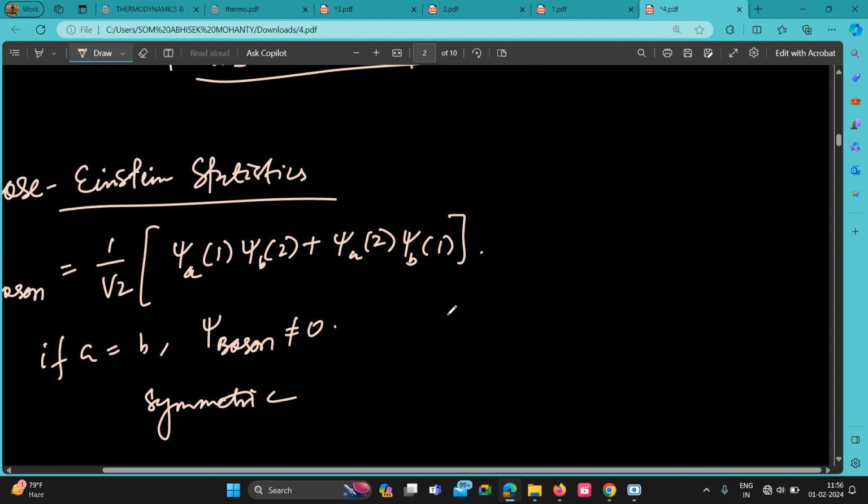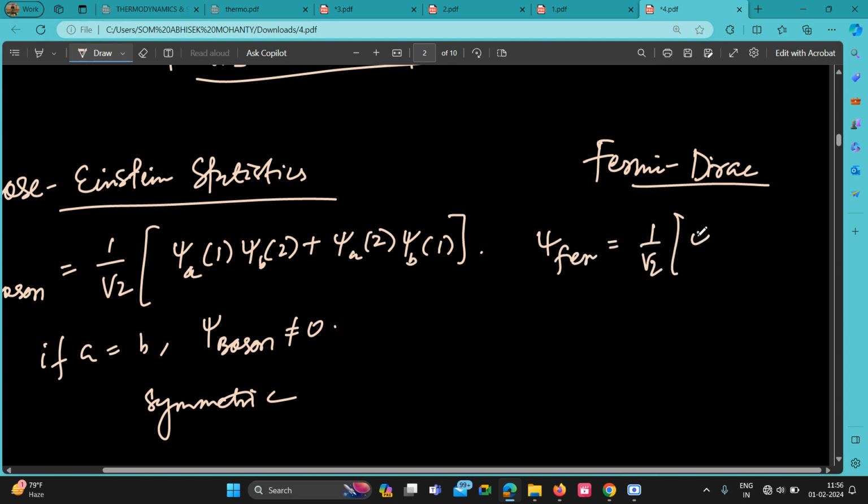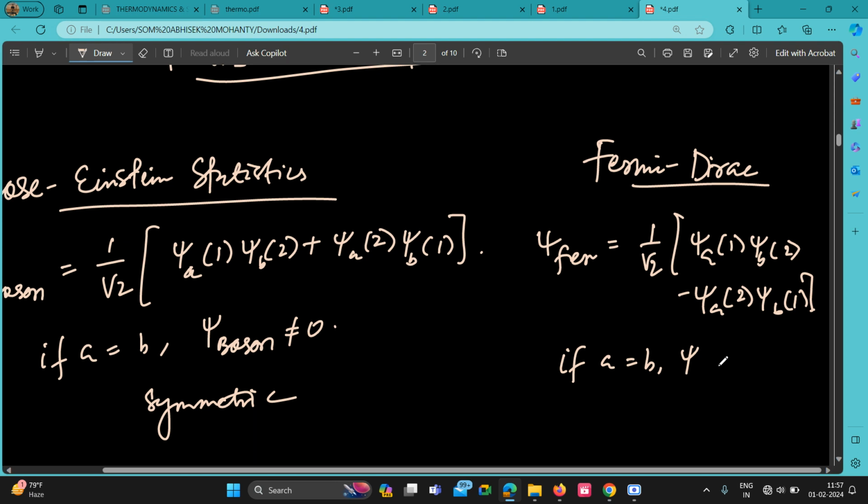But what happens in Fermi-Dirac statistics? Psi fermion is equal to 1 by root 2 (psi A1 psi B2 minus psi A2 psi B1). If A is equal to B, then psi fermion will be 0.